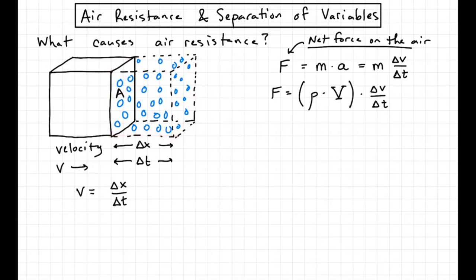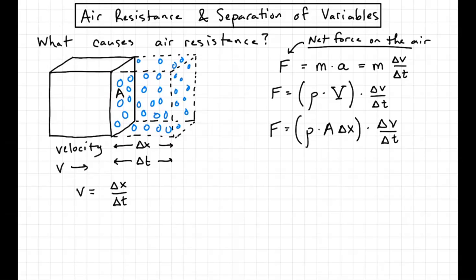Okay, so how much volume is that? Well, it's the cross-sectional area of the box times the length of the motion, how far the box moves in that time. So I can write the volume of air that's moved as the cross-sectional area times delta x.